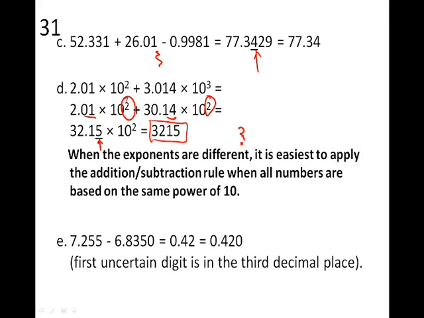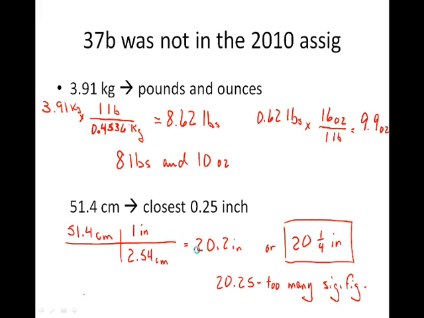You could have written the answer 3.215 times 10 to the 3, but I just think that takes a little bit extra writing, but you're certainly welcome to do that if you wish. The only tricky part about E is to recognize that the uncertain digit is in the third decimal place, so we actually have to add a third decimal place to the answer to have the right number of sig figs.